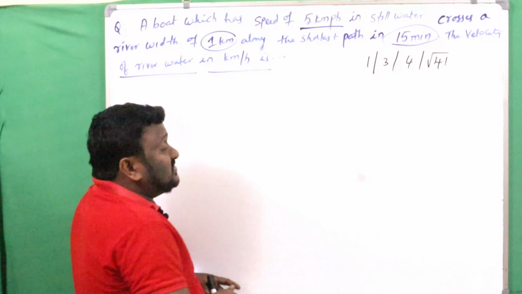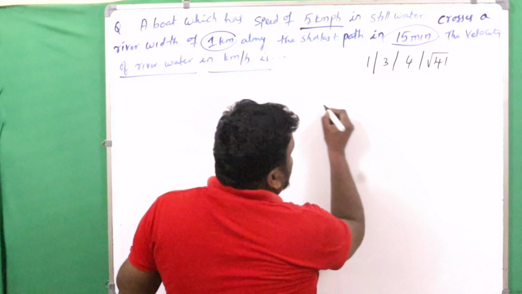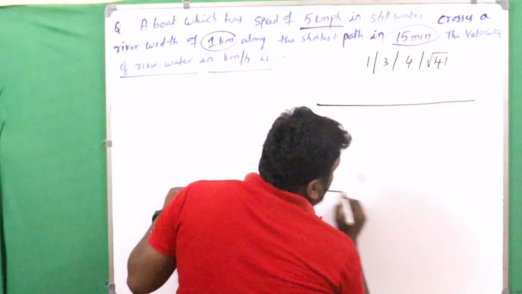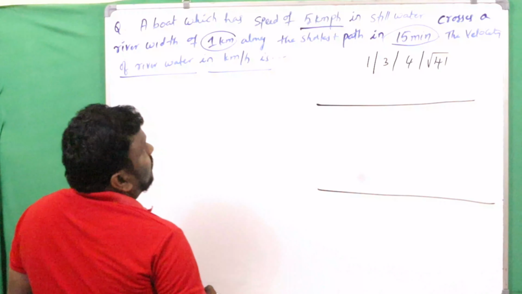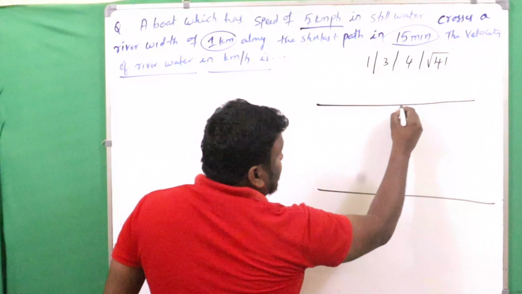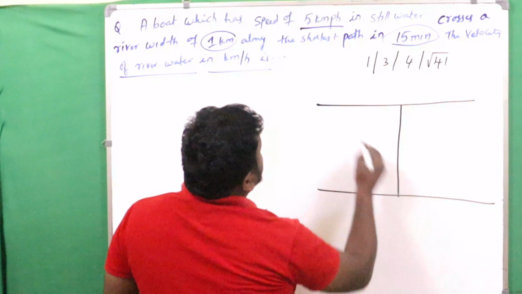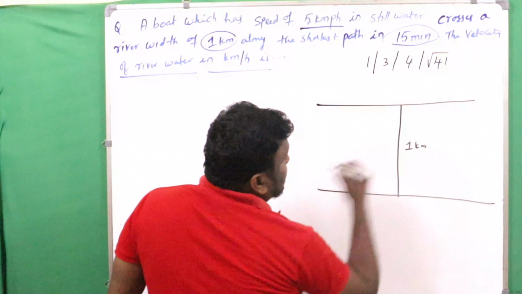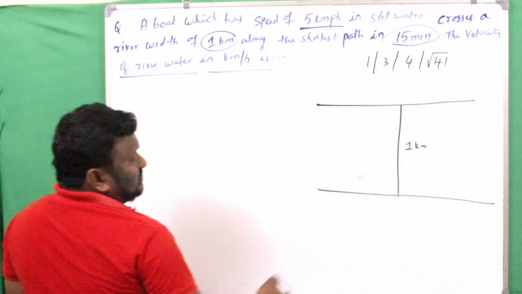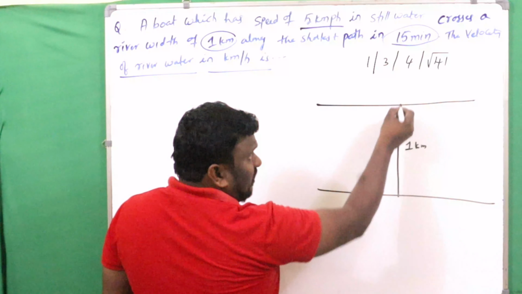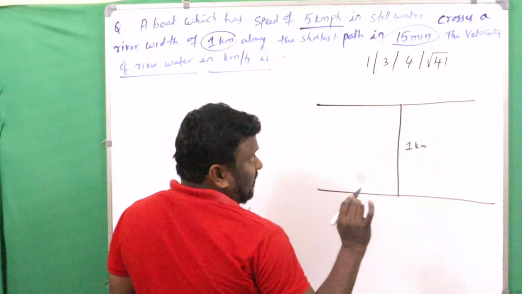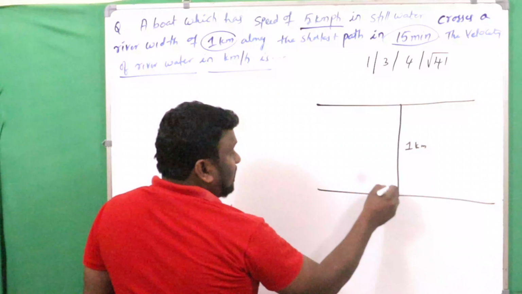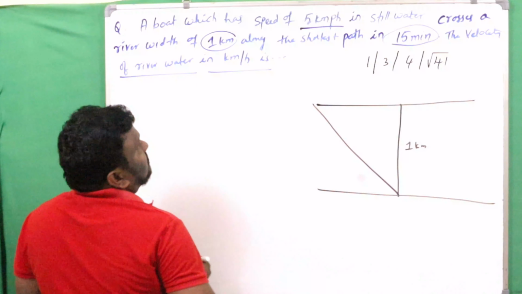So what is given actually? As usual, these are the banks of the river. The width of the river is 1 kilometer. Already we know the shortest path is the width of the river only. That's why the boat must move in this direction.